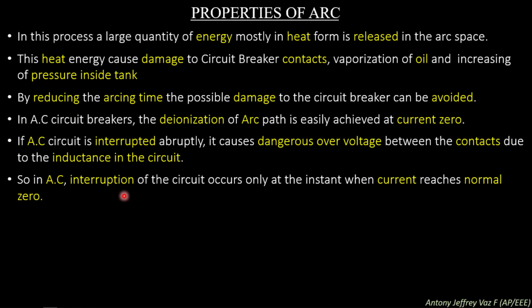Otherwise, the circuit breaker will be damaged more than in other circumstances. When the current reaches zero, the arc also disappears. So this is the correct position to interrupt the circuit breaker.